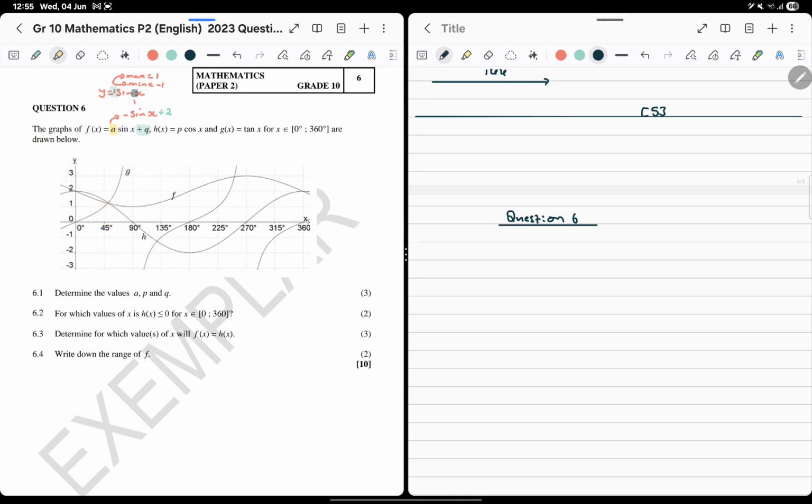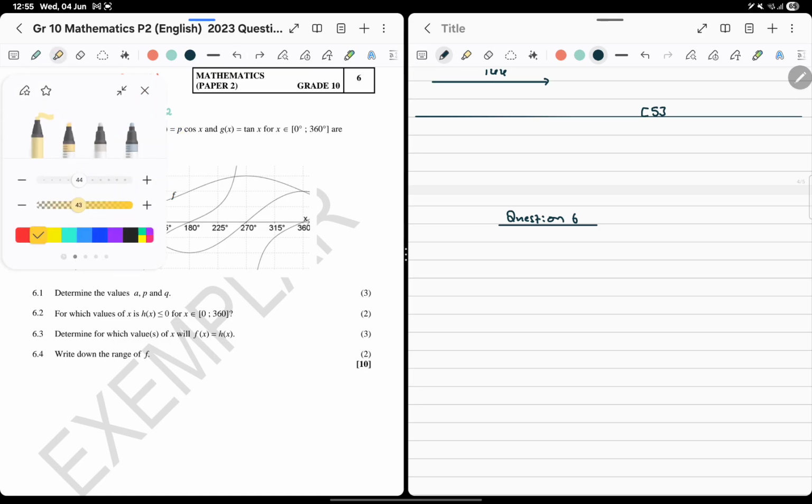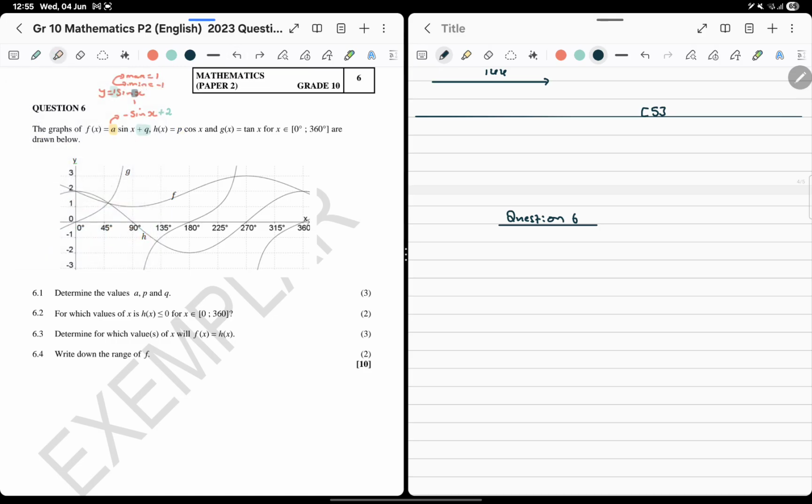All right, let's look at the cosine function. So we've got p cos x, maybe let's use a different color. Cos x is just the normal cos, but it says the amplitude may be different. Normally, cos of 0 is 1, which is the maximum, but now the maximum is at 2. So it already tells us that p here is equal to 2.